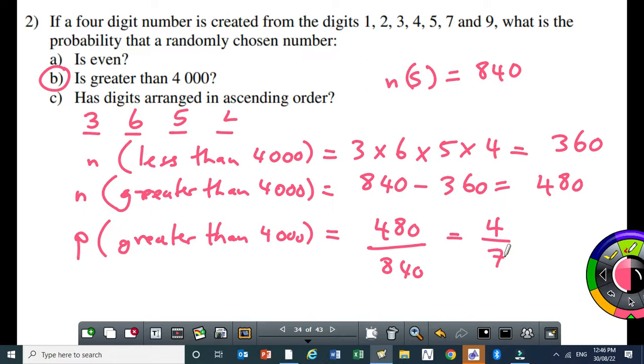I'm sure you know what ascending order means. Ascending order means from smallest to largest. Now, any data set of any number of digits can only be arranged once in ascending order and once in descending order.